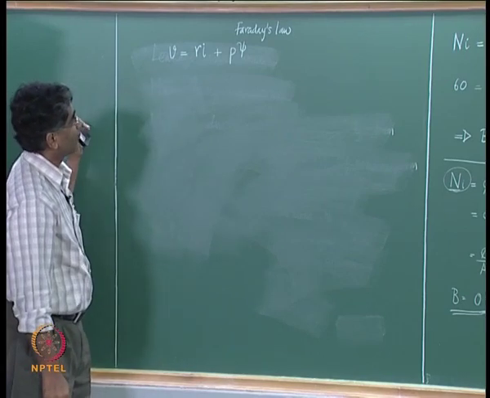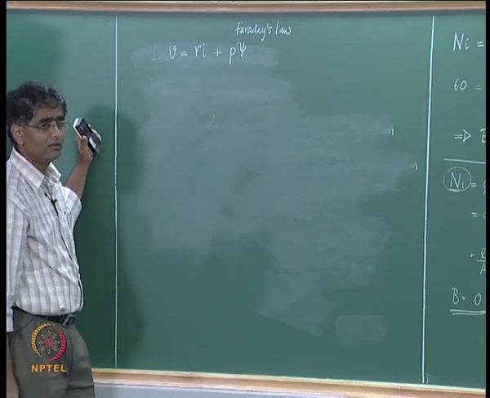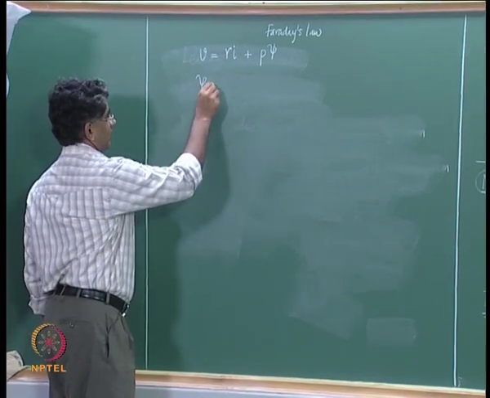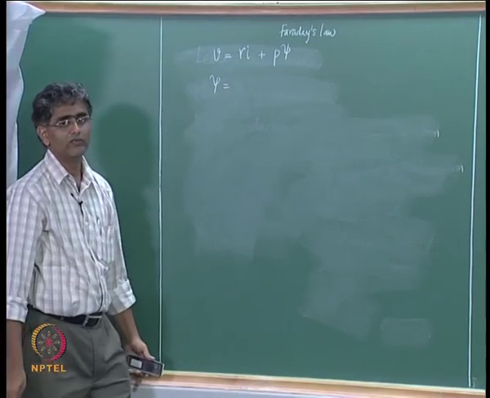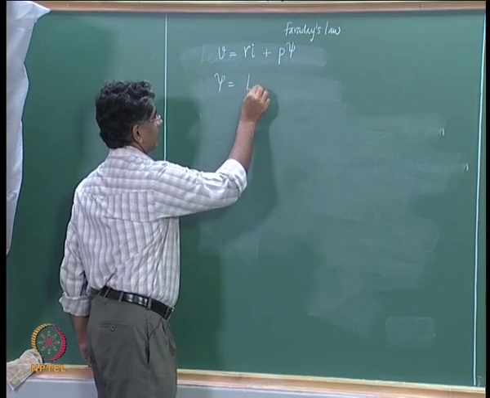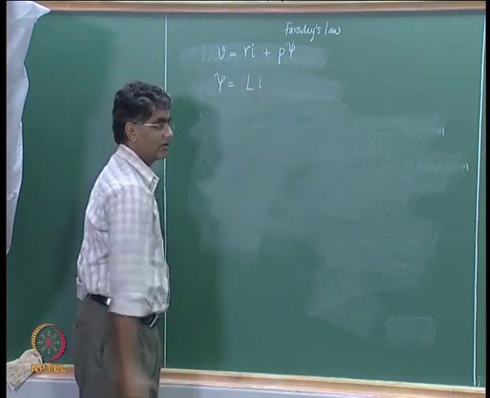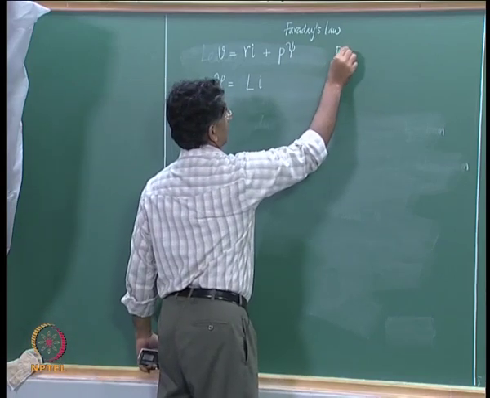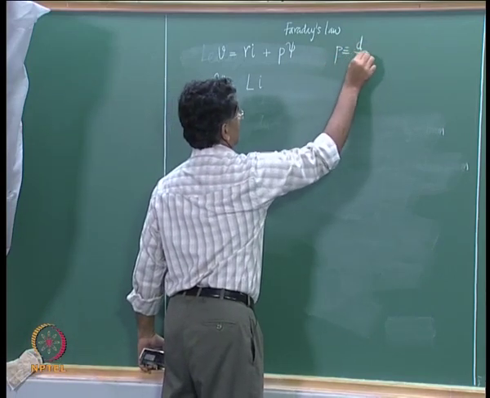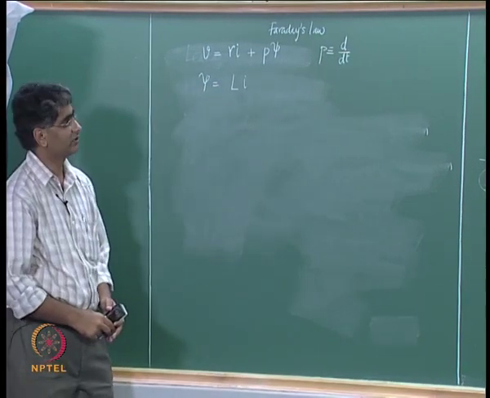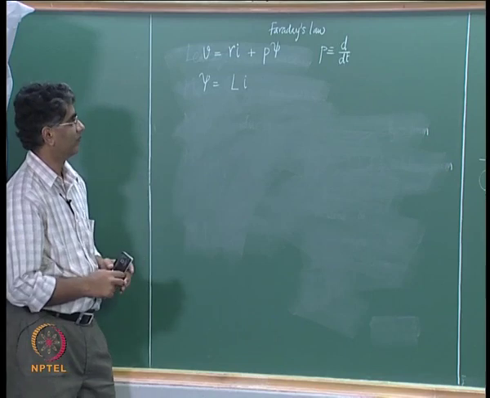Now this is the electrical equation. Psi, on the other hand, we have seen, can be written in terms of the inductance and the flow of current I. Remember, P is a notation which stands for the operator d by dt, the differentiation operator with respect to time.